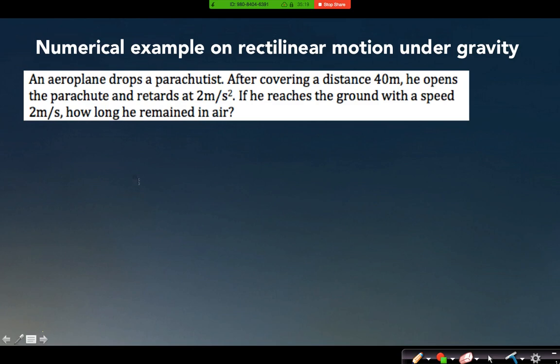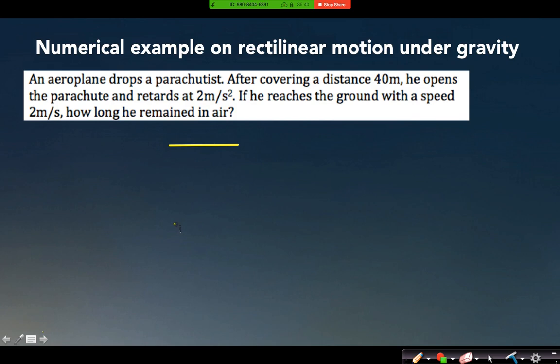So, what we have in this question, let us try to understand. There is an aeroplane which drops a parachutist. Whenever you find this term drops, that means its initial velocity is 0. Right? When you drop something, its initial velocity becomes 0.